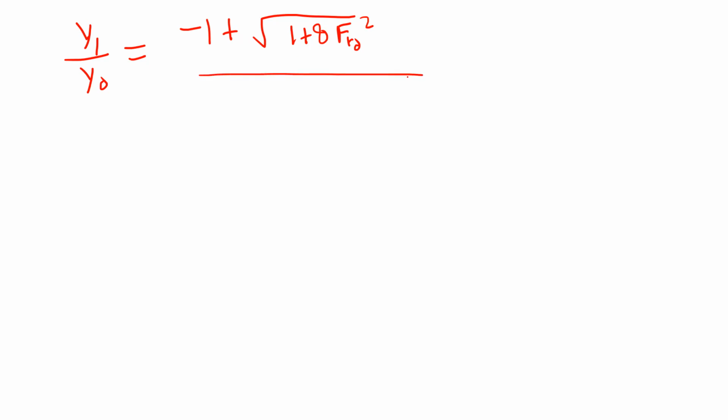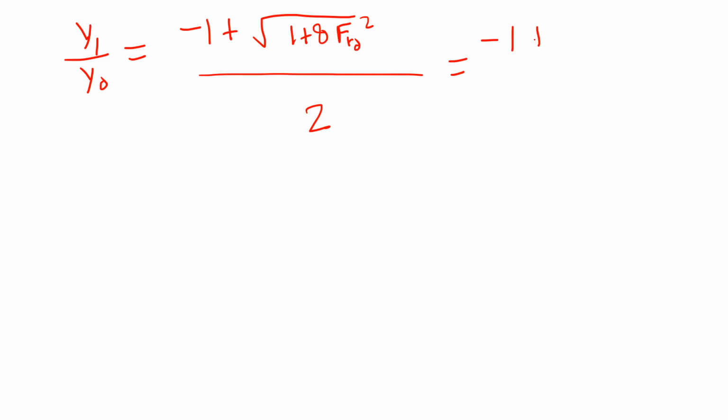0.510. Now you can easily use Belanger's momentum equation to find the value of Y1. So it is Y1 by Y0 equals minus 1 plus, whole under root, 1 plus 8 FR0 square, whole divided by 2.